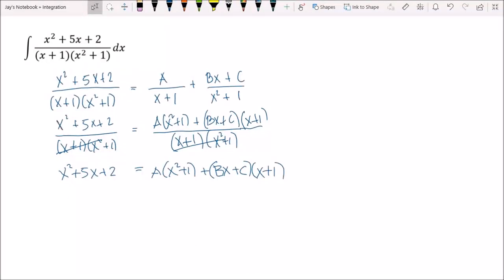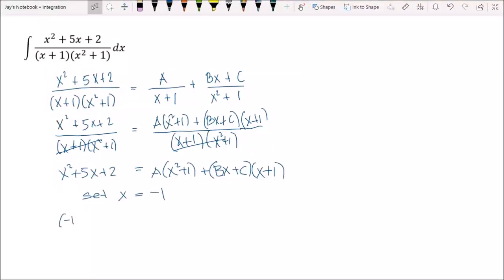So after this, you assign values of x. But in this case, what would be the best value of x so that we can compute for A, B, and C? So we can set x equals, let's say, negative 1. Okay?